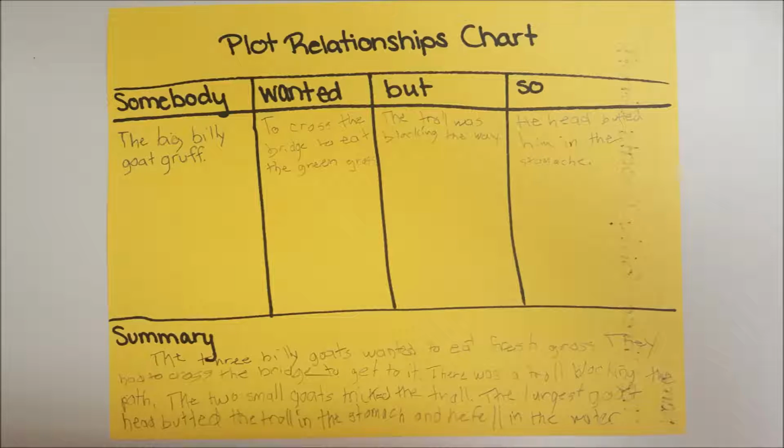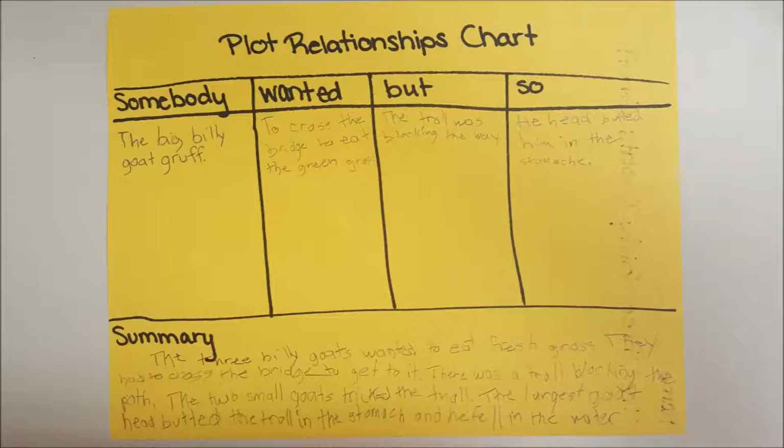Before you start your own examples, I would like to showcase two other student examples. On the yellow paper is another example of a plot relationship chart for the Three Billy Goats Gruff. For the somebody section, the student wrote the Big Billy Goat Gruff. In the wanted section, the student wrote to cross the bridge to eat the green grass.